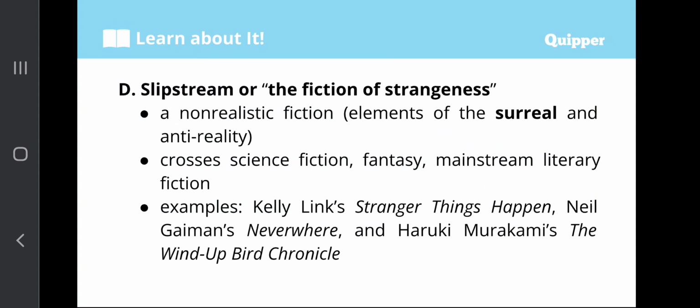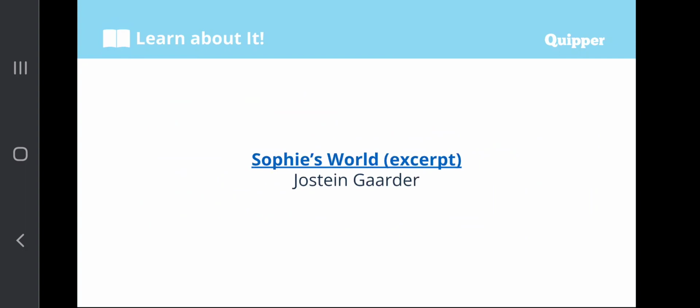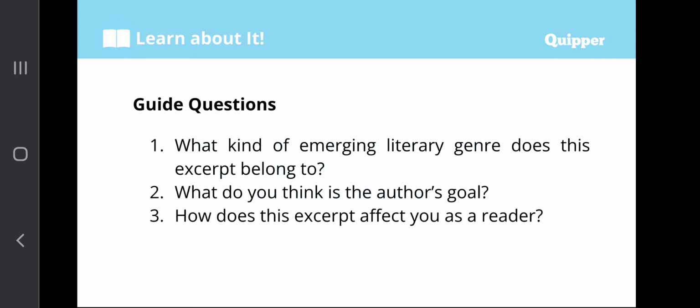That is Slipstream. Now, here is an example from Jostein Gaarder, an excerpt from Sophie's World. And we all know and have heard of Sophie's World. It is a long novel, a long story, and this has been depicted into a movie, in some way. So I want you to look into this particular excerpt, and then I want you to answer the guide questions that follow.